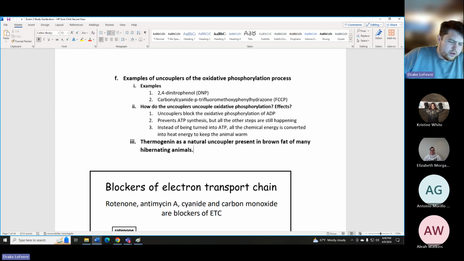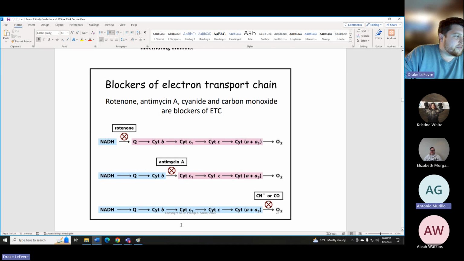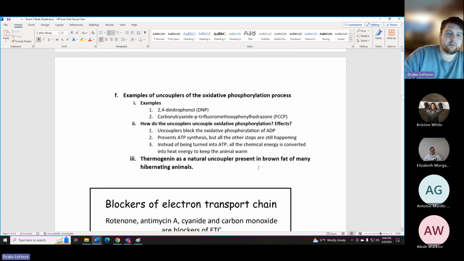So for what reason would we want to uncouple or prevent the actual formation of ATP during the electron transport chain? To save the stuff that we use to make it for when we actually need it.